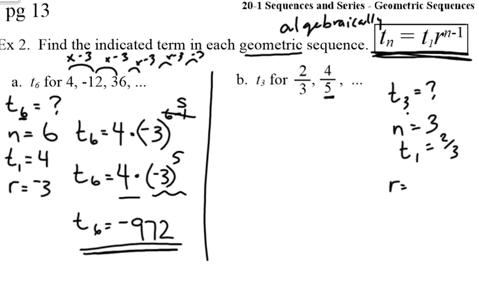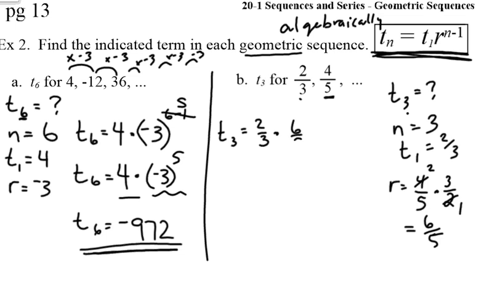Well, take term 4/5, divide it by the previous term, which is to multiply by the reciprocal. A little bit of simplifying, and we end up with an R value of 6/5. So if I want term 3, that's telling me I want term 1, 2/3, times my R value, 6/5, to the exponent n minus 1, because n is 3.